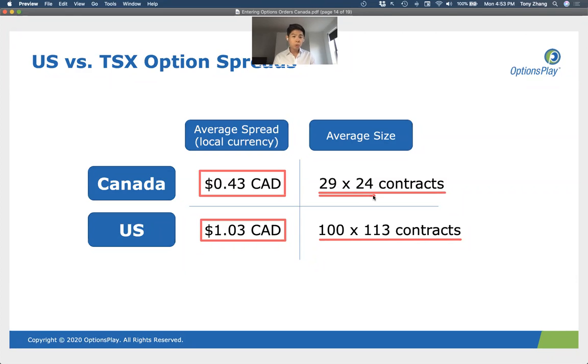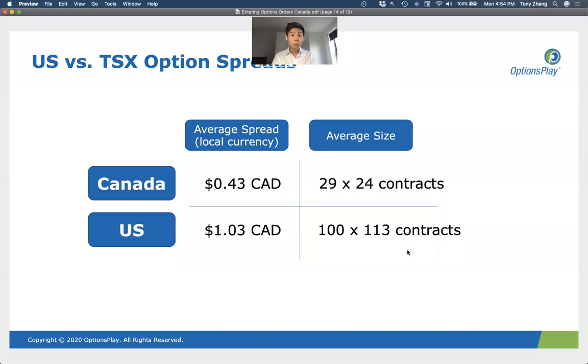So when you have access to tighter liquidity with markets that are deep enough, in my opinion, for most retail traders, even if you exceed that 29 contracts, even if you're used to trading 50 contracts at a time, you'll pay a little bit more, but I don't think you're going to be paying as high as $1.03. I think you're generally going to pay maybe 50, 60 cents Canadian on a larger trade than in the US, which has deeper liquidity, but that deeper liquidity is much wider.